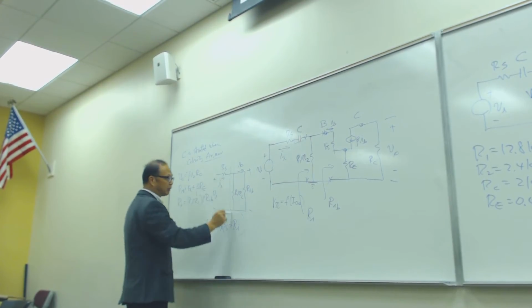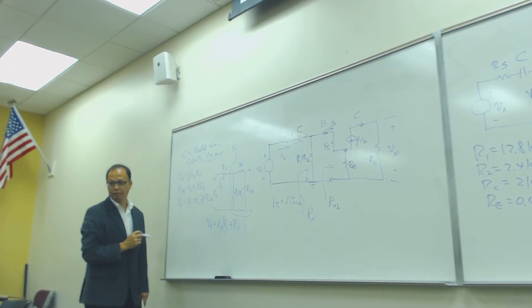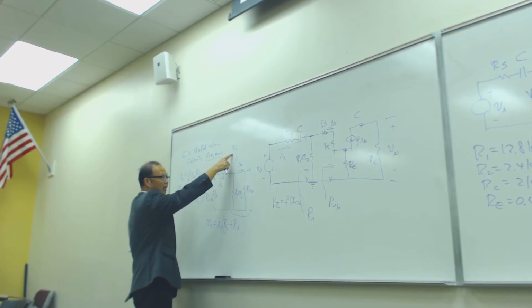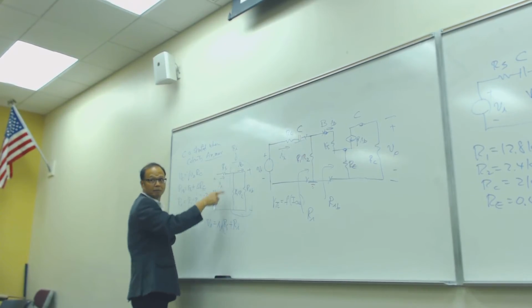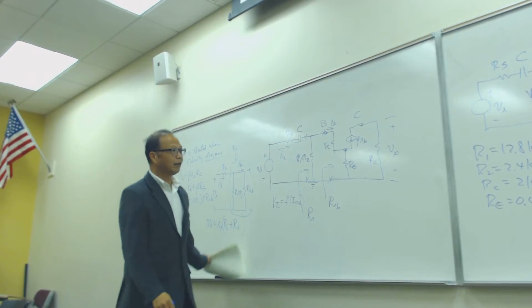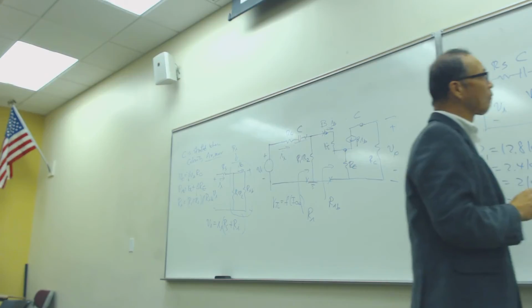That's the same, isn't it? Because the combination of these two is R sub I. You can combine the two, and that becomes R sub I. So V sub I can also be expressed as I sub I times these two in series. You can do this one or this one, it doesn't matter which one you do.